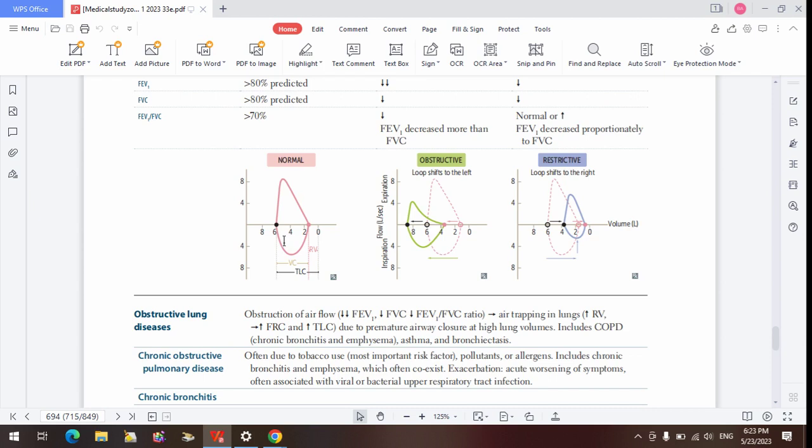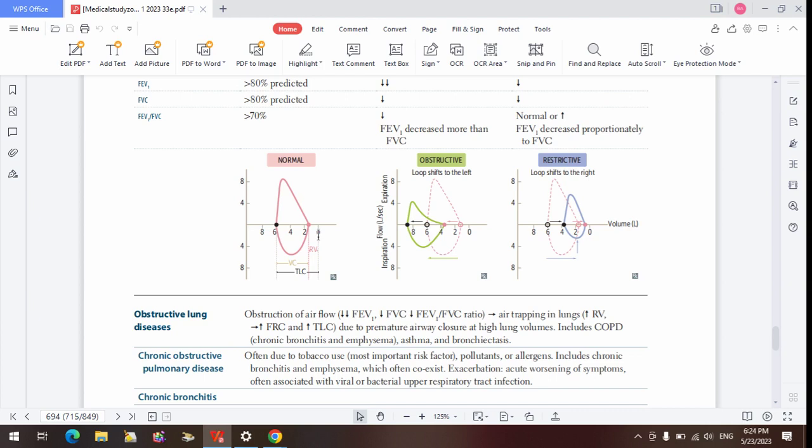Then the next thing is to exhale maximally. So it goes back from this 6 to our residual volume, because you can't get the residual volume out of the lung. It will be there. We take it back to residual volume, which will be 1.2.